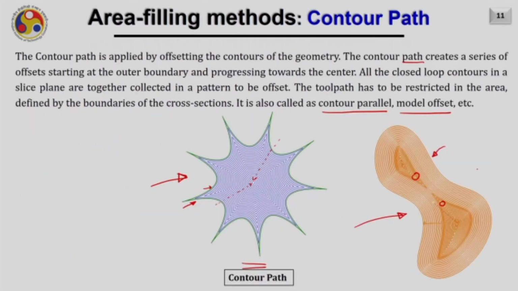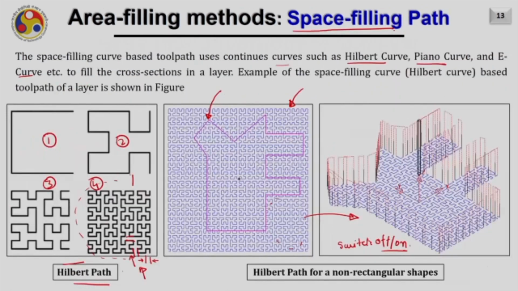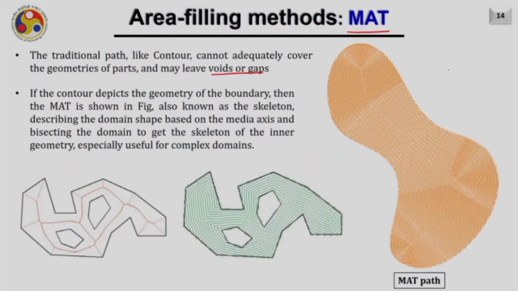As you can see here, we were trying to scan the area inside this particular boundary and we end up having some voids if we use the contour parallel path. But if we use the MAT tool path, you can see the deposited tool path is very consistent and the distance between the two passes is always constant, equal to the step over value.